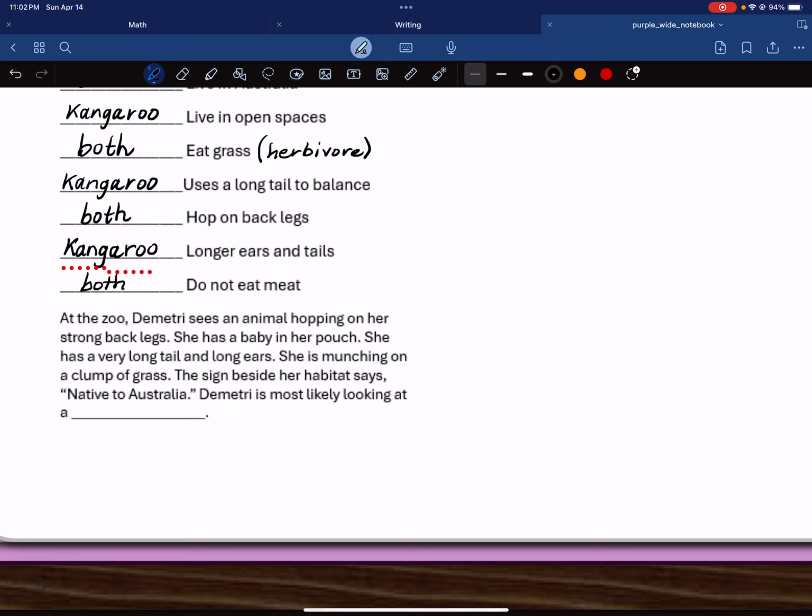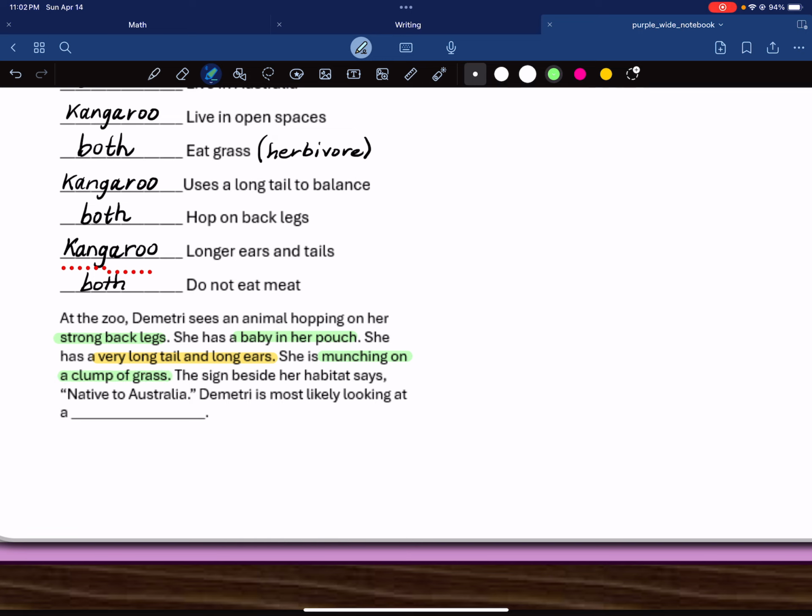At the zoo, Dimitri sees an animal hopping on her strong back legs. Okay, that's really not much help because we know that both of them hop on back legs. She has a baby in her pouch. She has a very long tail and long ears. She is munching on a clump of grass.